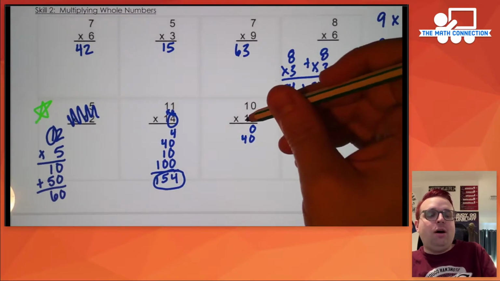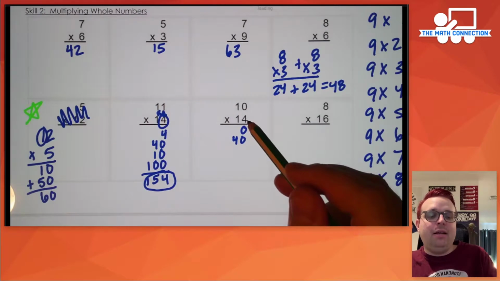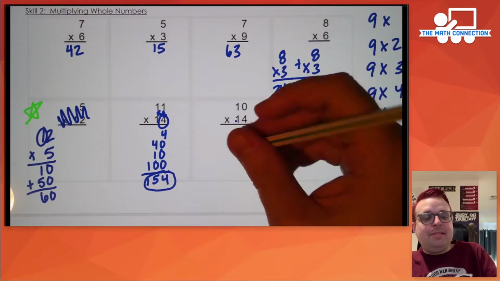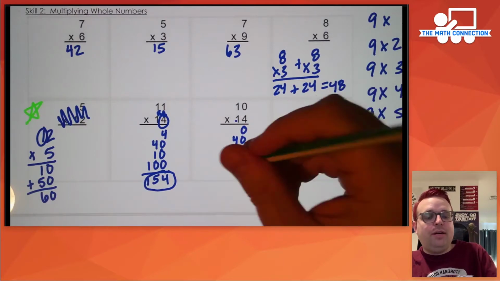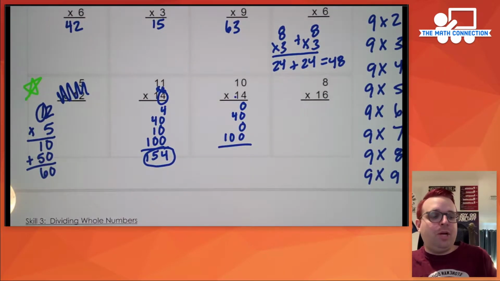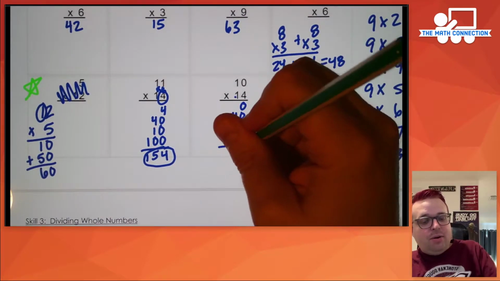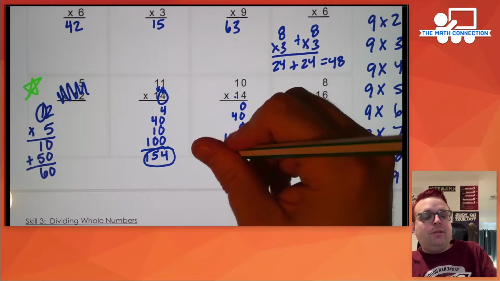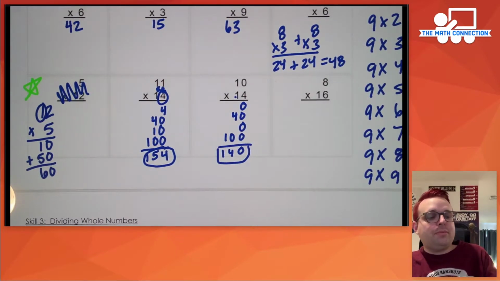Well, this is actually 1 in the tens place, so this is 10. 10 times 0 is 0. And then 10 times 10 is 100. I don't know why my screen's jumping around like that, sorry. If you add all these results together, you get 0 in this place, 4 and 0 in this place is 4, and then 100, and your answer is 140.